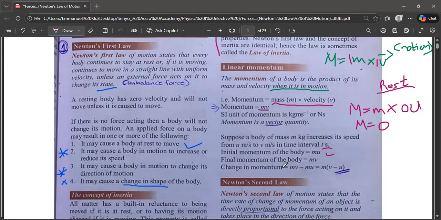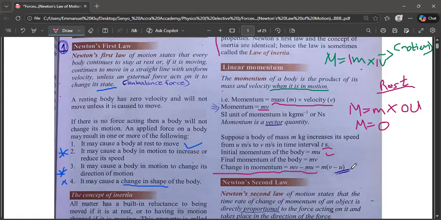But you realize that in this case, the change in momentum of the body, if you want to write it finally, is just going to be mv minus mu. So you understand where this concept is coming from.